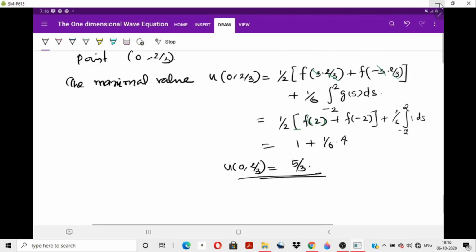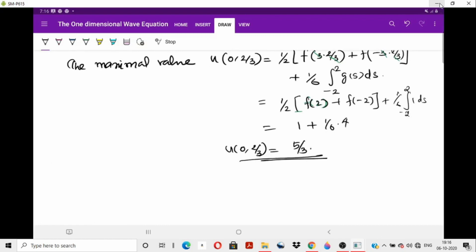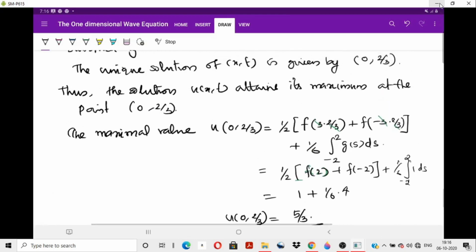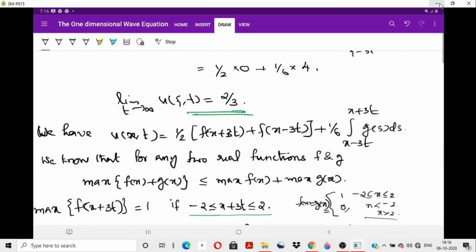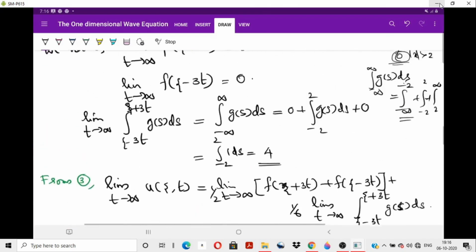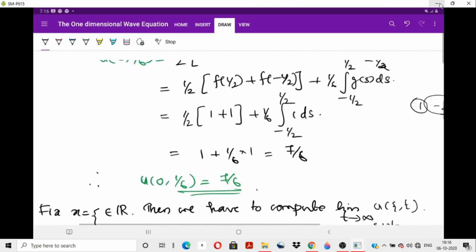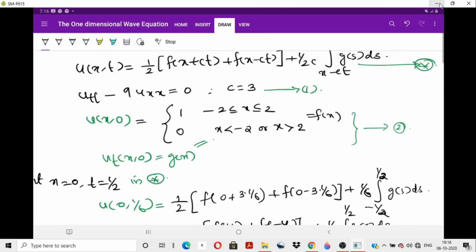So the maximum value of u is 5 by 3. Now the D part. In D, we have to find all the points where u belongs to C2. For this we first have to check the singularities of the initial conditions. From the given initial conditions, we can see that these are piecewise smooth functions, f of x and g of x, or u of x 0 and ut of x 0.